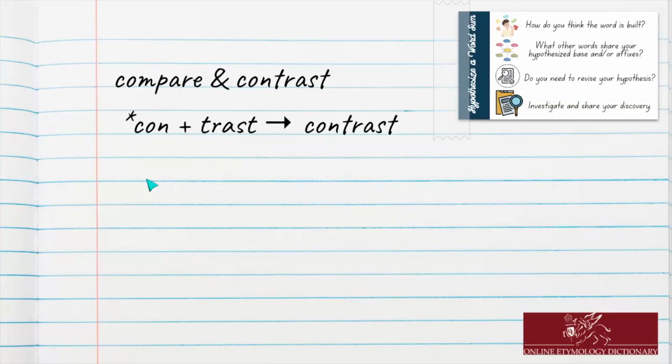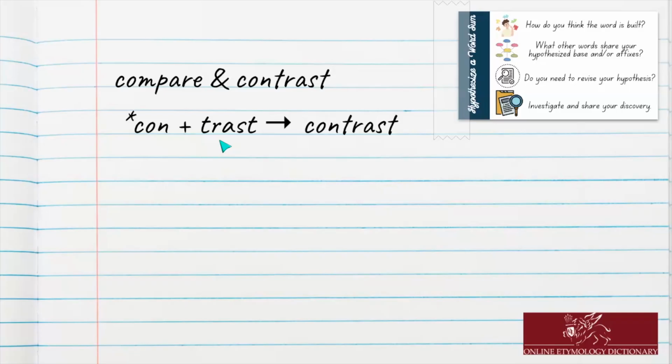Okay. So then I put this in with little asterisks because I knew this wasn't right. But I couldn't see how else this word might be made. And so CON as an assimilated form of COM, and then a base element of TRAST, but I couldn't actually think of other words that would be using that as a base.